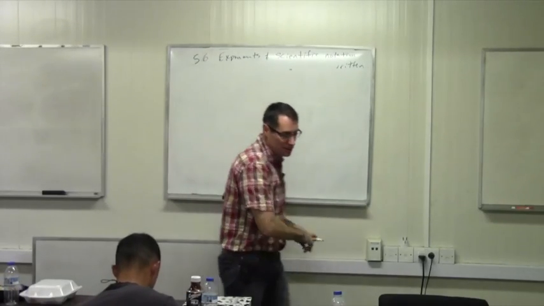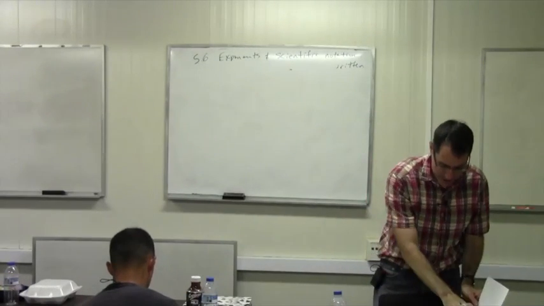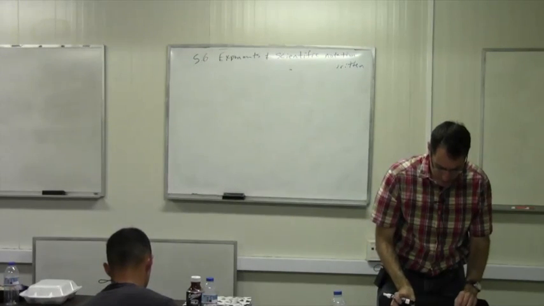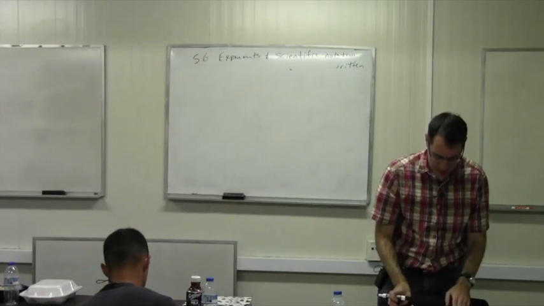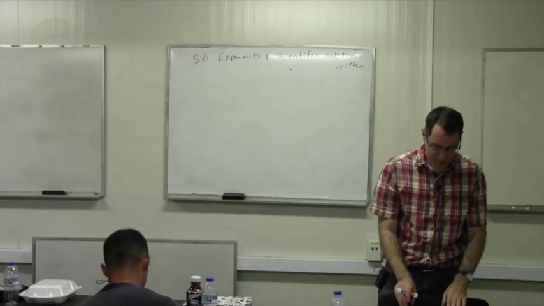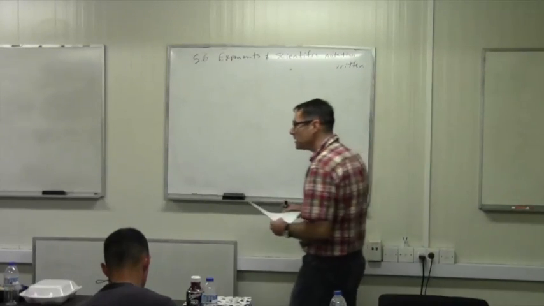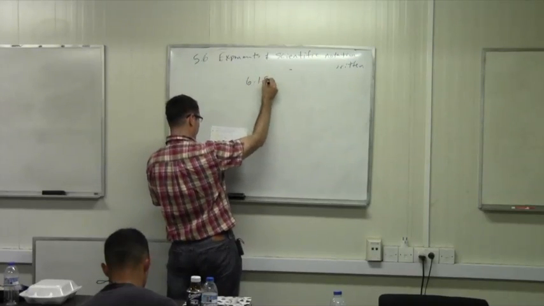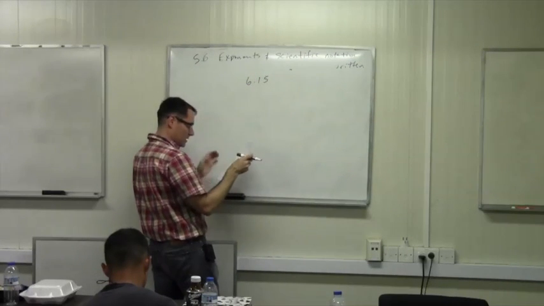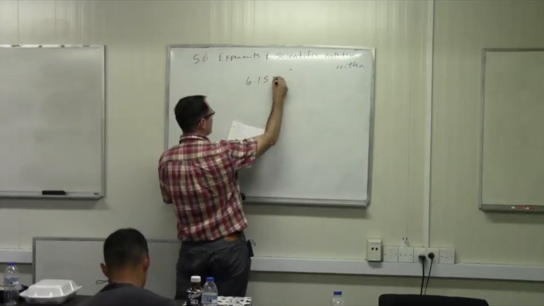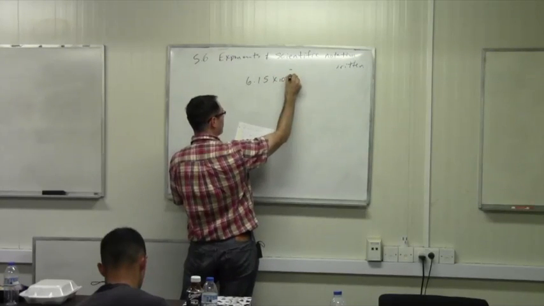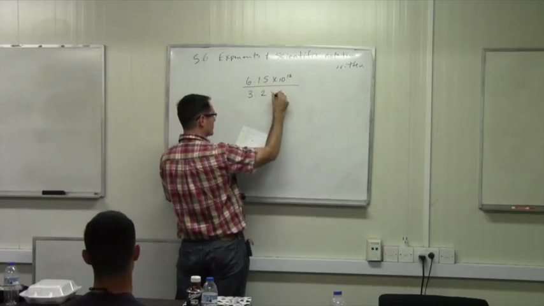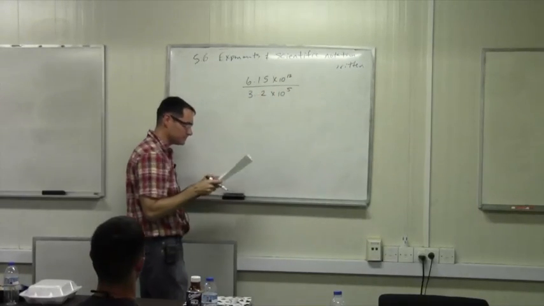So that's the basics of scientific notation. Let's see. Rounding. Sometimes you will be asked to round. If you have two numbers, like, for instance, 6.15 times 10 to the 12th divided by 3.2 times 10 to the 5th.